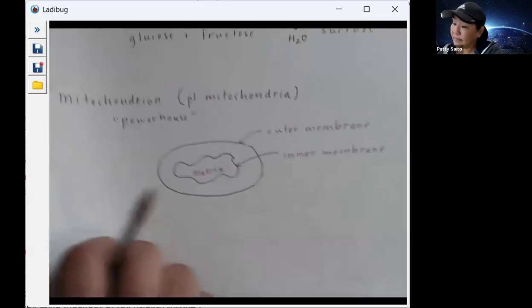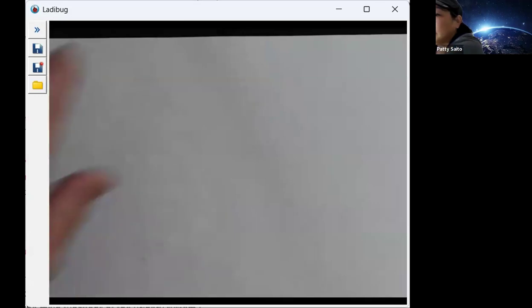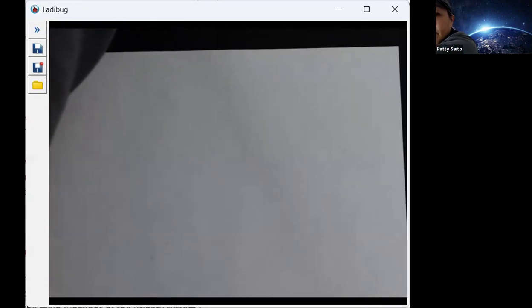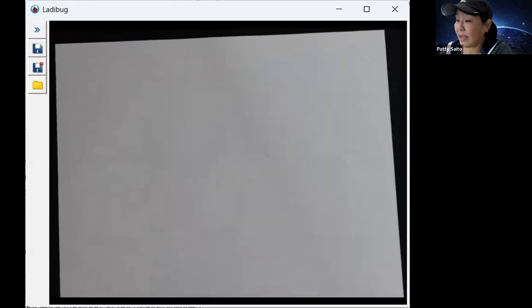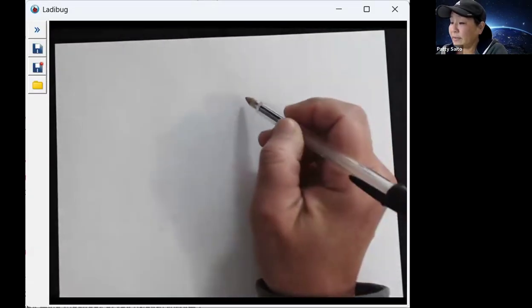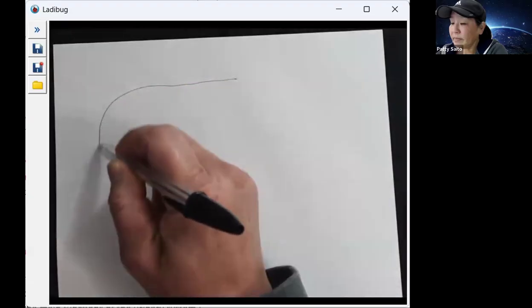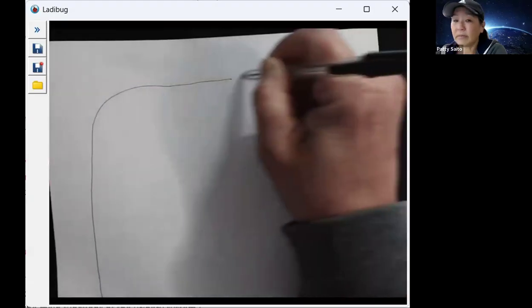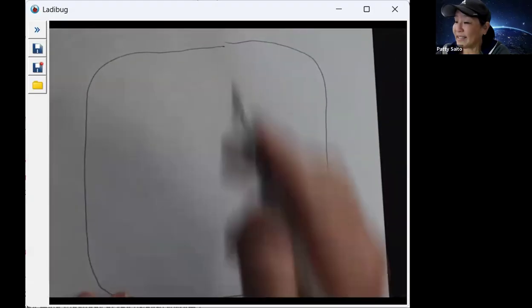So I'm going to turn my paper over and maybe give yourself a little bit of space here. I'm going to draw a giant cell, like this. So this is our cell.